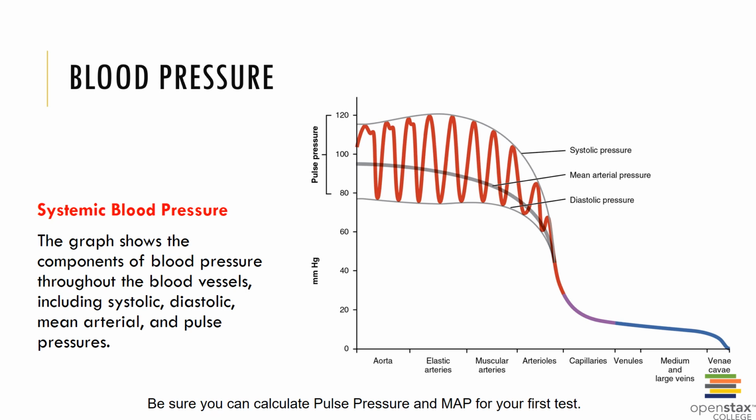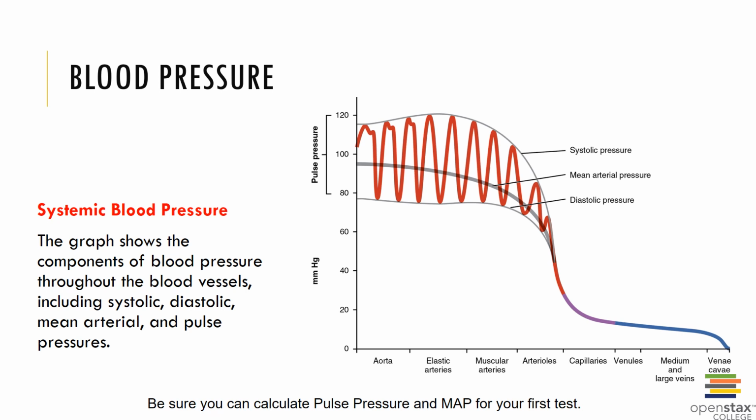In general, blood flow is directly proportional to the blood pressure, so an increased pressure results in increased flow and is inversely proportional to peripheral resistance. Increased resistance results in decreased flow.